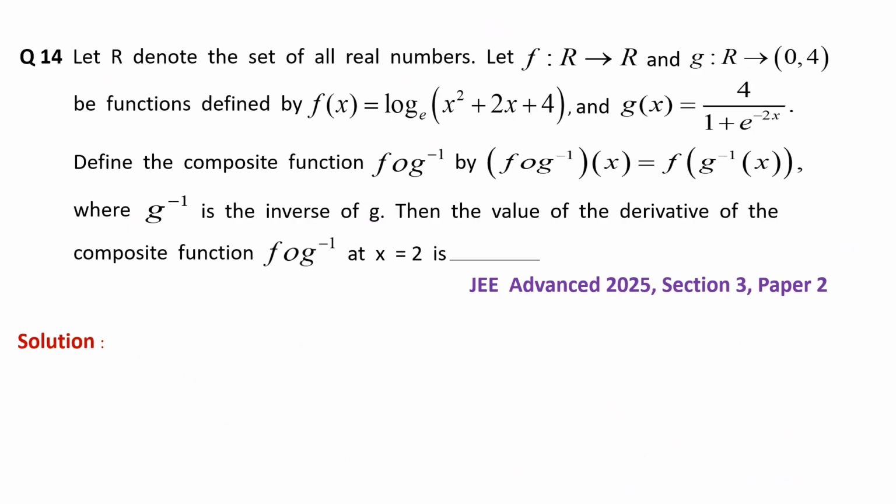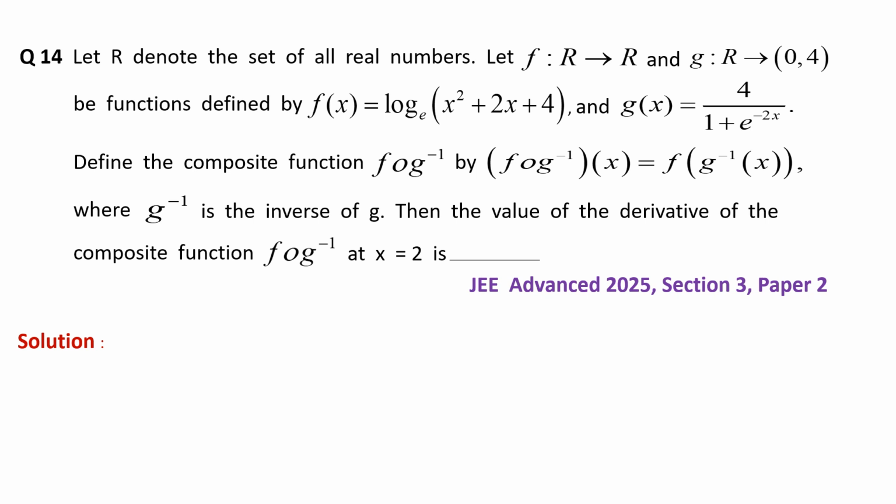Now students, this is the next question. This question involves the concepts of functions and differentiation. It says, let capital R denote the set of all real numbers. Let f from R to R and g from R to the open interval 0 to 4 be functions defined by f of x equal to log of x square plus 2x plus 4 to the base e, and g of x equal to 4 upon 1 plus e to the power minus 2x.